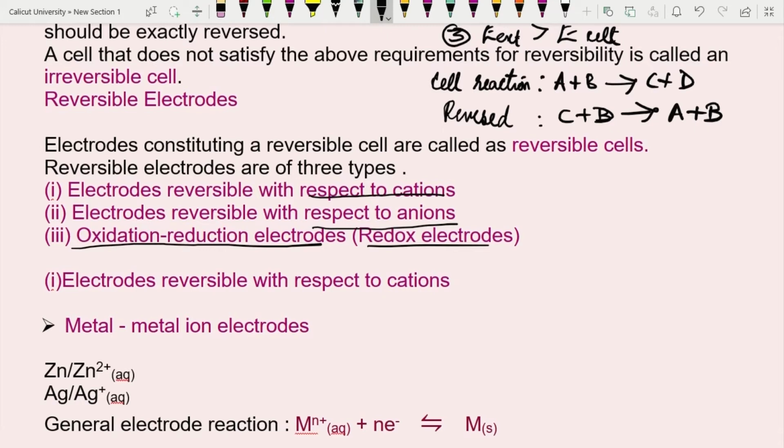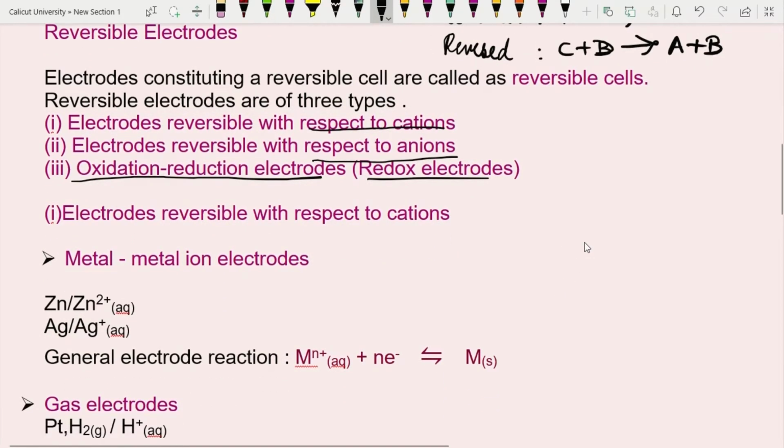We will see each of them in detail. First is the electrode reversible with respect to cations, and in this category you can have two types, that is metal ion type and gas electrodes.